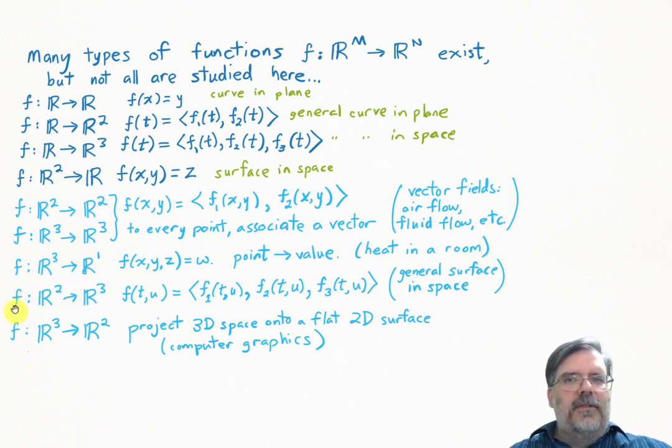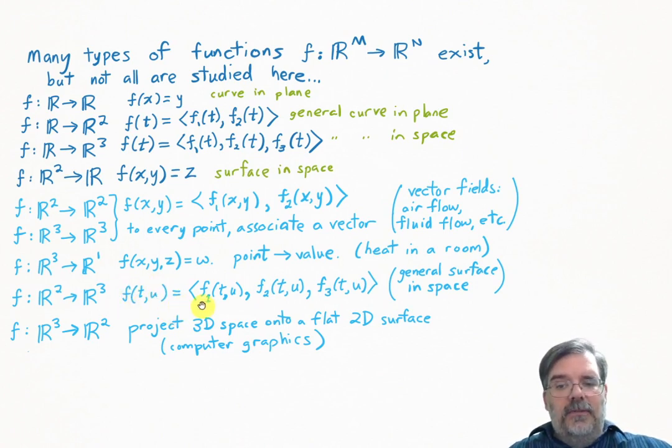Two other kinds of functions which you could encounter in other courses. F from R2 to R3. Right? We actually did see one of these as well. There's one way you can think of the equation of a plane. We often write it as ax plus by plus cz equals d, but there is a vector version of the equation of a plane, which has a form more like this.